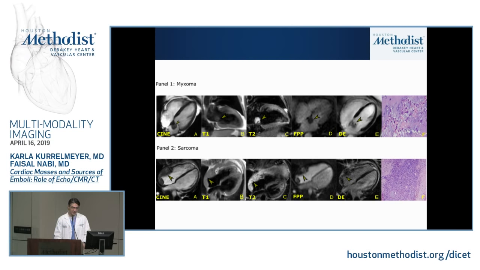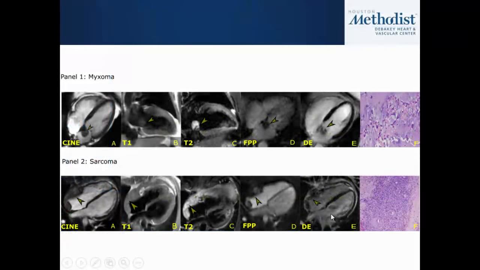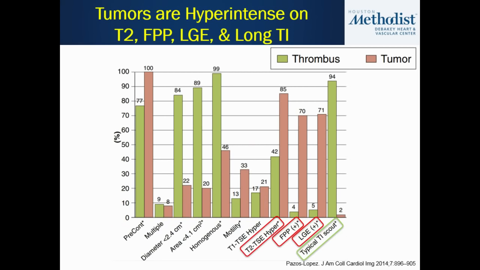These are some other examples from our own Dr. Kassi, an example of a myxoma and sarcoma, and how they look with CMR imaging. The main thing I want to stress is that in all the contrast sequences, you have evidence of contrast uptake. These were diagnosed as tumors. This was one of the studies in the literature, apart from Dr. Kassi's, that looked at how to differentiate tumors from thrombus.